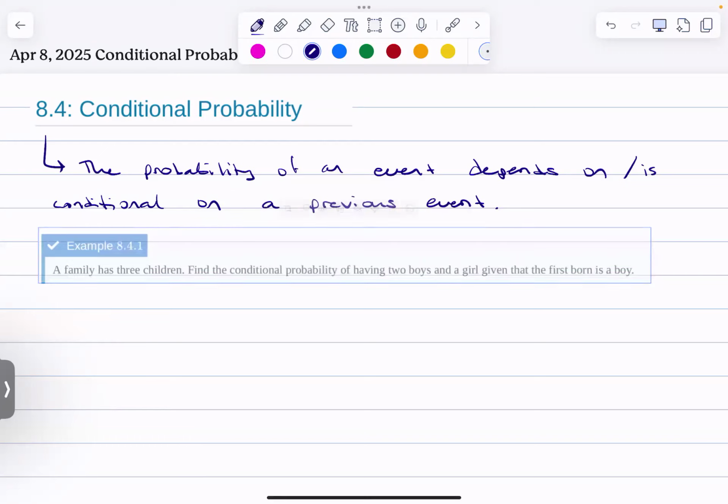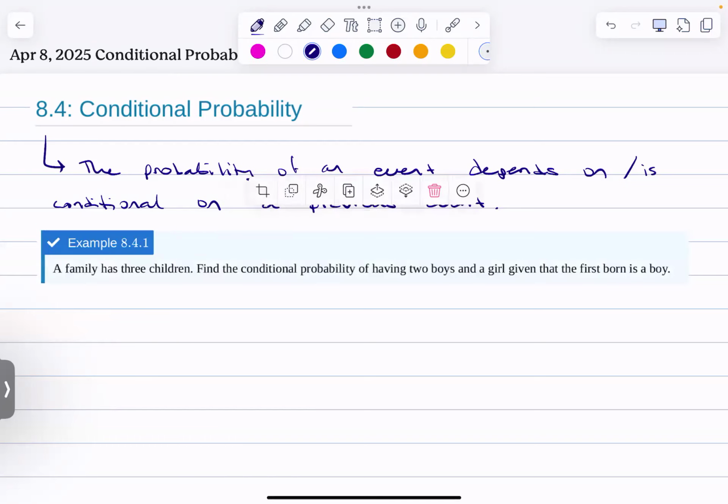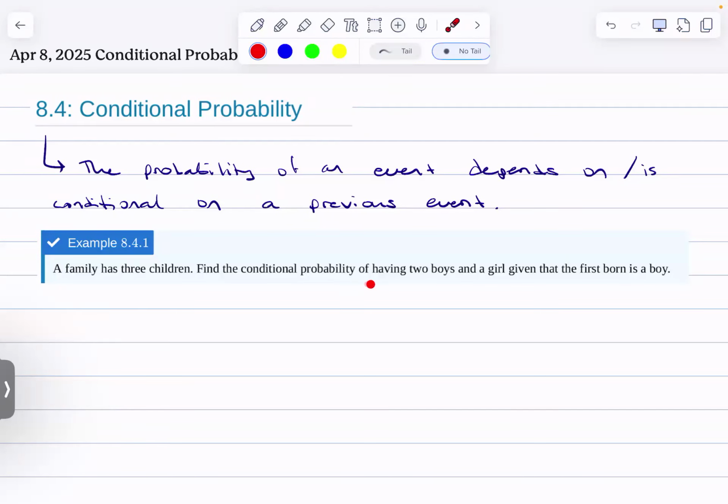So before we introduce any formulas, a conditional probability might look something like this. A family has 3 children. Find the conditional probability of having 2 boys and a girl, given that the firstborn is a boy. So now you know that the firstborn child has to be a boy.